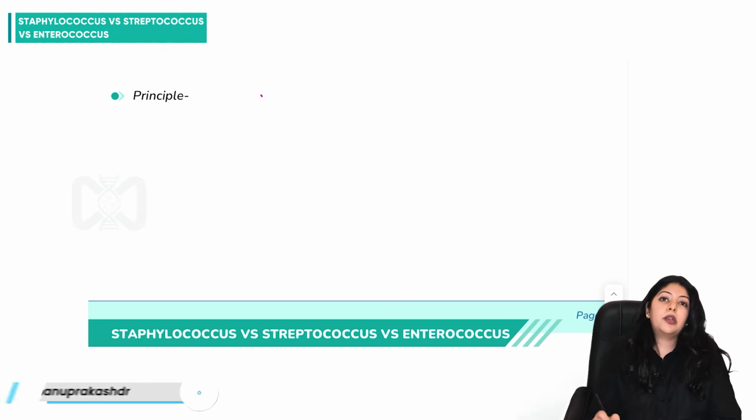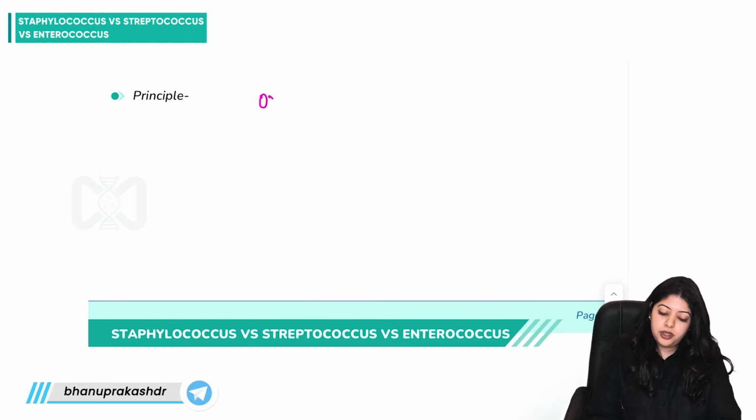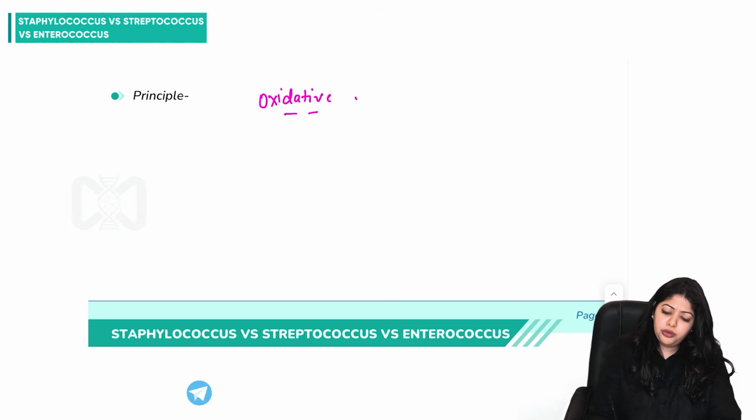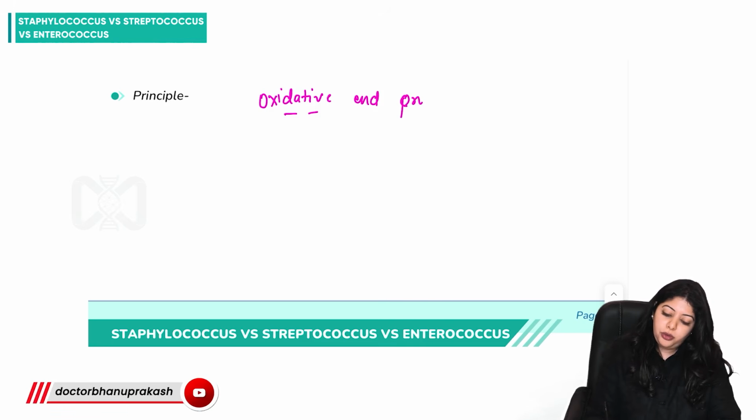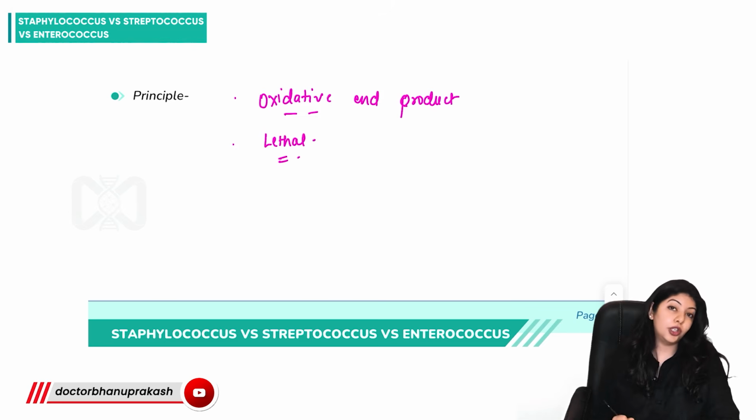Hydrogen peroxide is an oxidative end product of aerobic carbohydrate metabolism. It is nothing but an end product, and if it is allowed to accumulate, it is going to be lethal to the bacterial cell, right? So it is lethal to the bacterial cell, and that is why we do not have to allow it to accumulate.